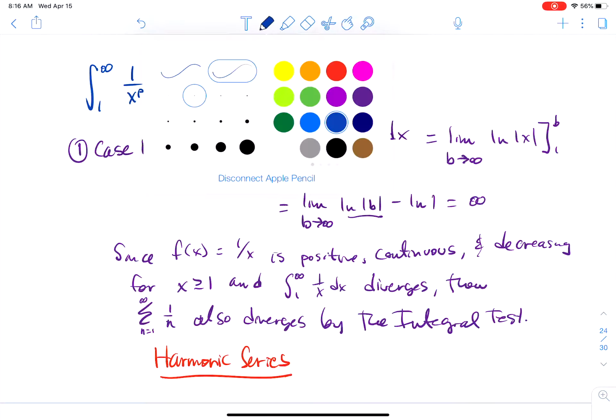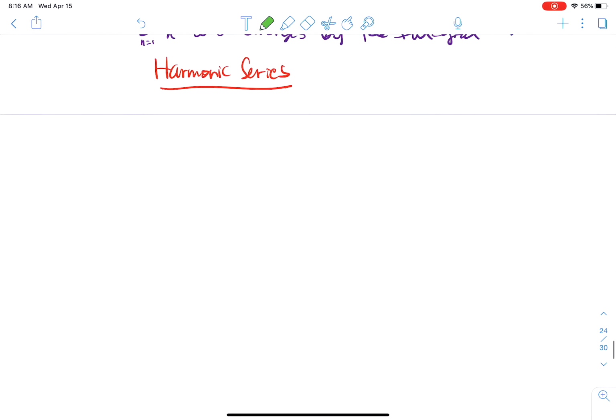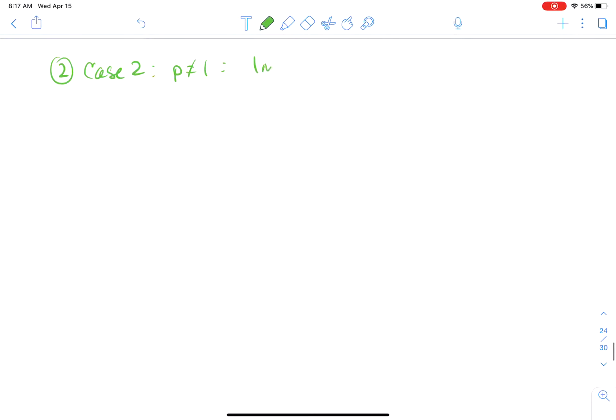Oh, wait, let's see. Case 2 is going to be green. Okay, so we've got case number 2. That's when p is not 1. When p is not 1, then we can just apply the power rule for antiderivatives. We've got the limit as b goes to infinity, definite integral from 1 to b, 1 over x to the p dx.